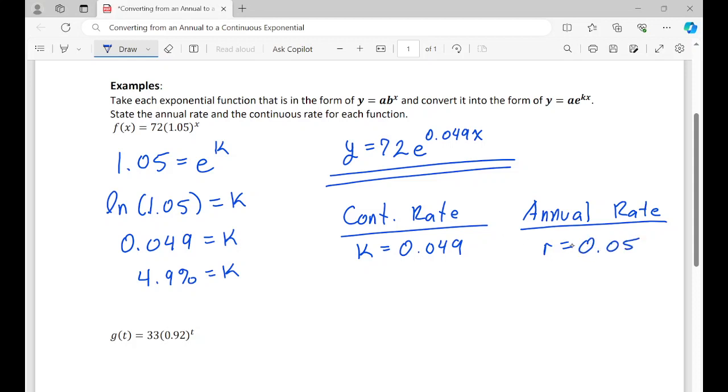And you can see between the continuous and the annual rate, they're pretty close to each other. Sometimes they're really close, sometimes they're a little bit further away. It all depends. So there's the annual rate and the continuous exponential form for this example.